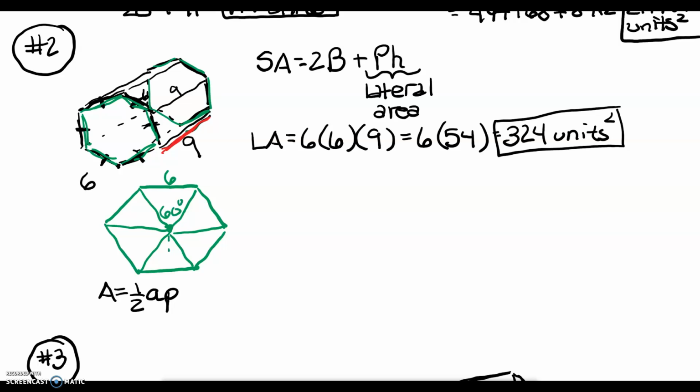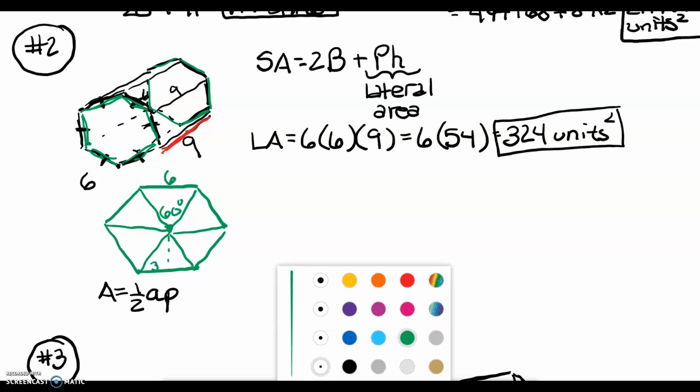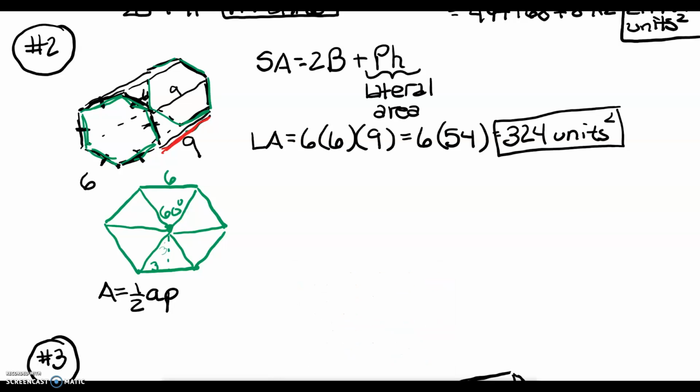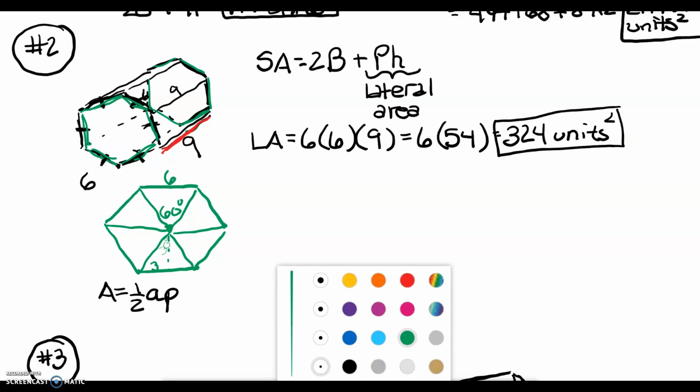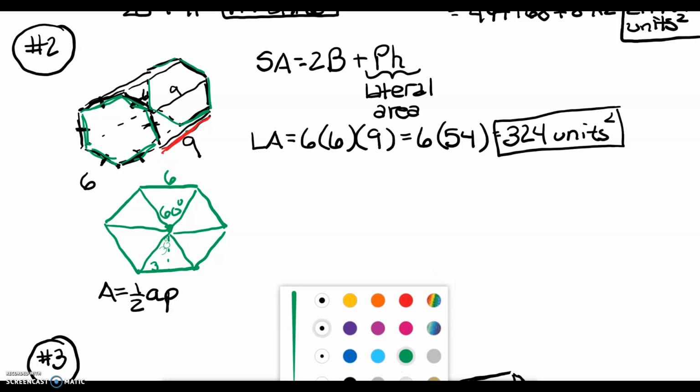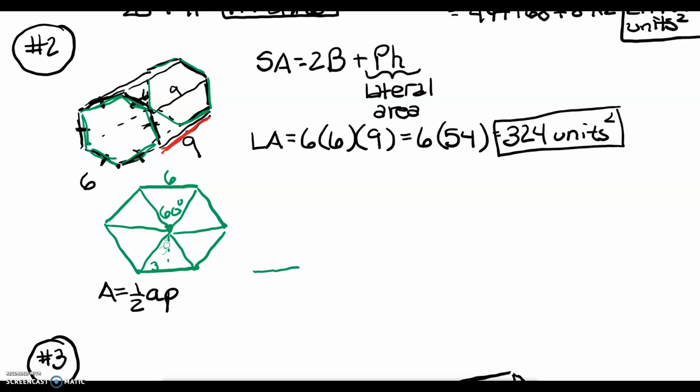So when I drop my apothem, I split the base in half, so I have a triangle that is 3 on one side, and I split my angle in half, so that is going to be 30 degrees. So let me draw this triangle so that we can see it a little bit bigger. This is 30 degrees. This is my apothem, and this is 3.